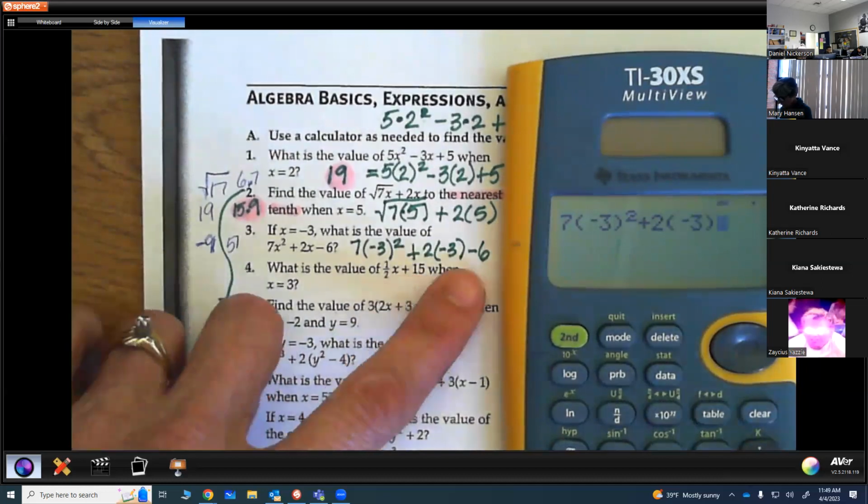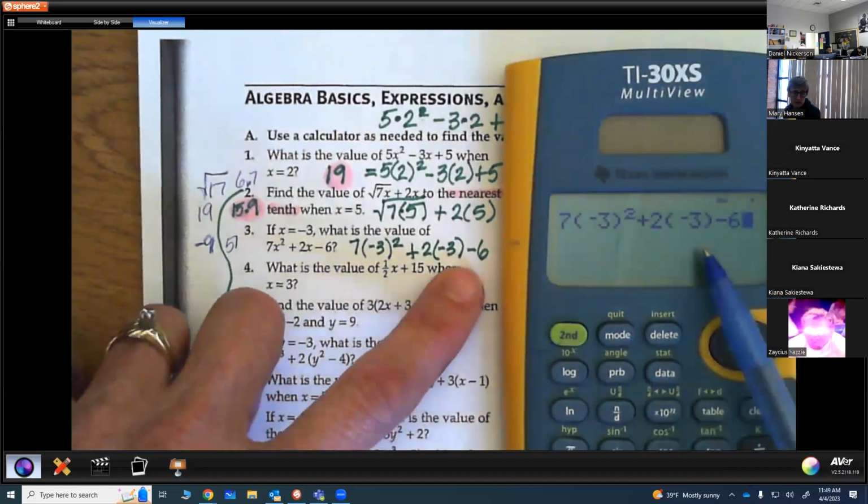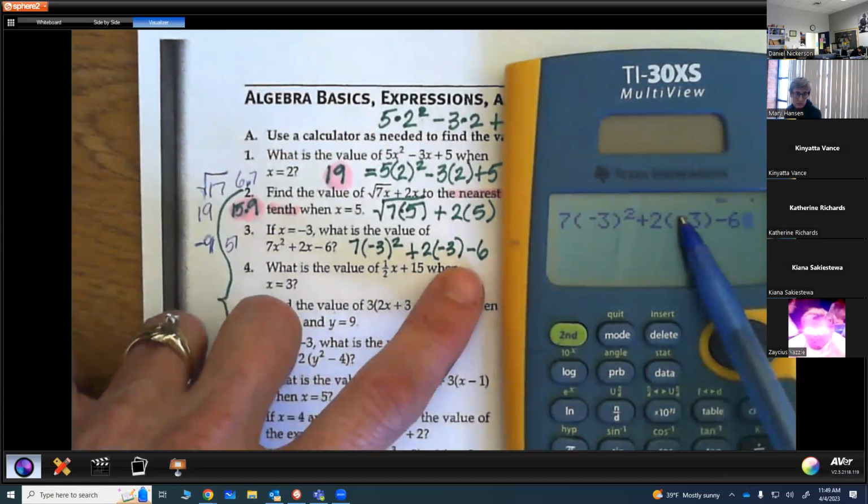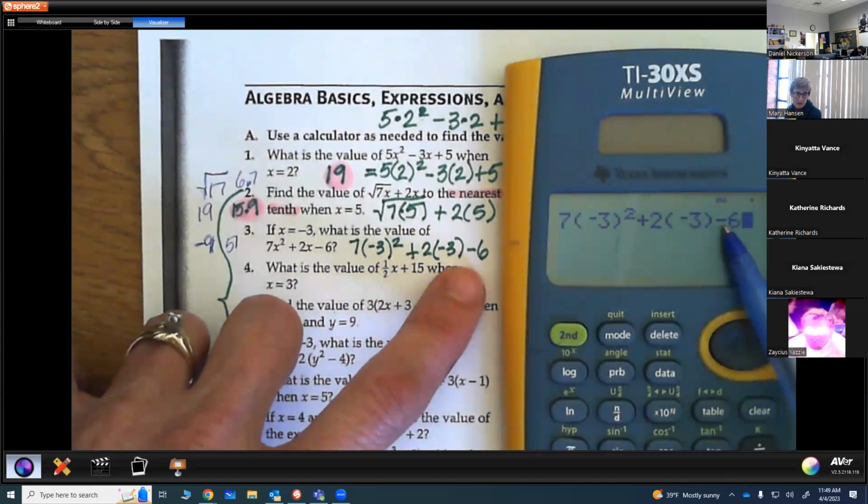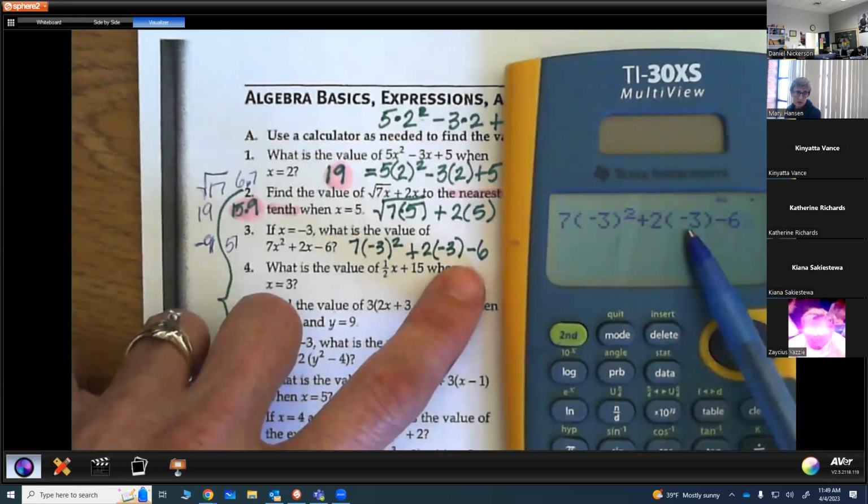And then I'm going to subtract 6. If you look at the screen, do you see how the negative sign is smaller and raised up versus the subtraction? So you can actually recognize by looking whether you pushed subtract. It's a longer line set right in the middle, and the negative is shorter and set up a little higher.